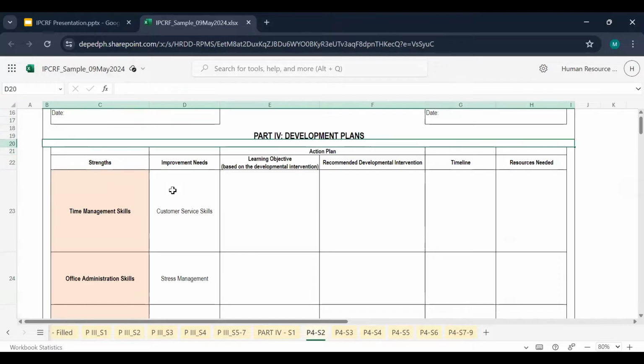For part 4 developmental plans, it is important to note that the strengths or the areas for improvement can be based on the previous performance behavior of the individual.